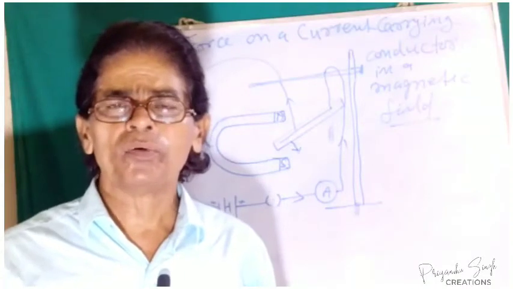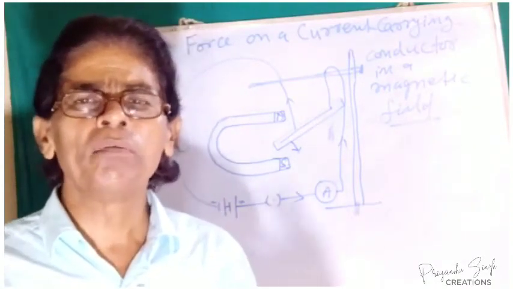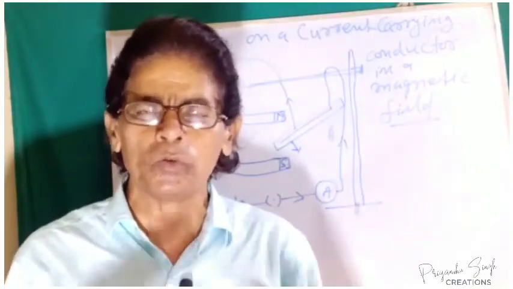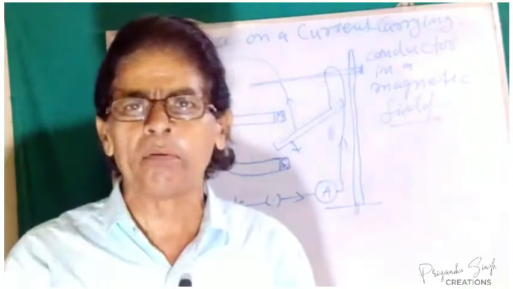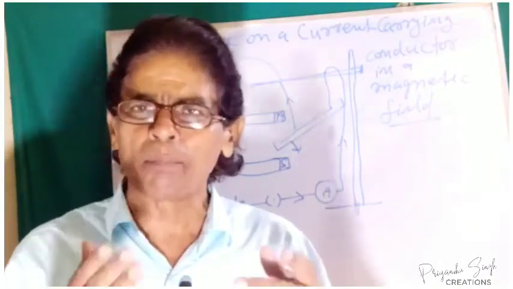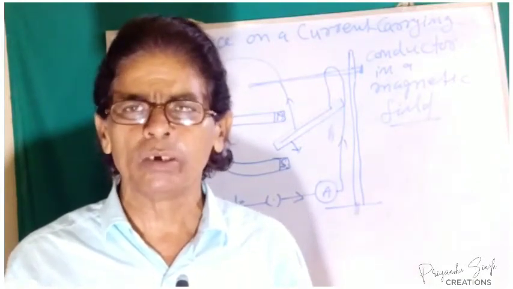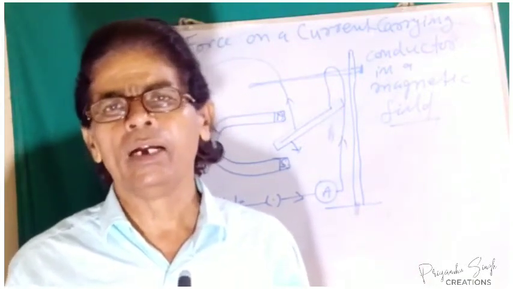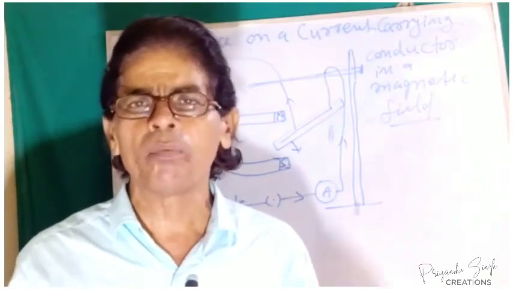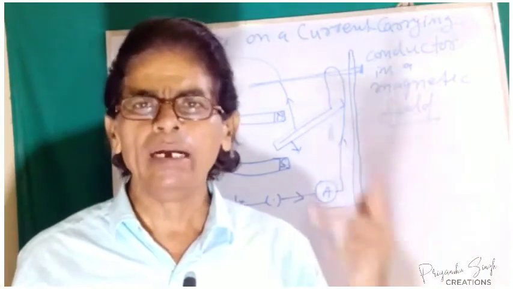Due to the two magnetic fields lying at right angles to each other, that is perpendicular to each other, mechanical motion or movement may be generated in the current carrying conductor, the direction of which will be obtained by using Fleming's left hand rule.